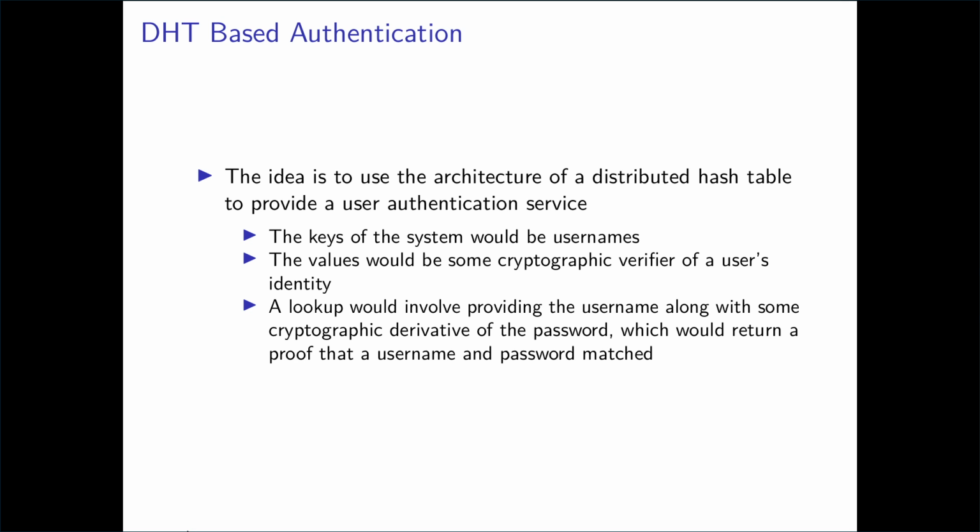So obviously we have to provide a user and some sort of cryptographic derivative of the password, and then we return the proof that a user and the username matched. So that way, we're not just returning whatever value happens to be there.